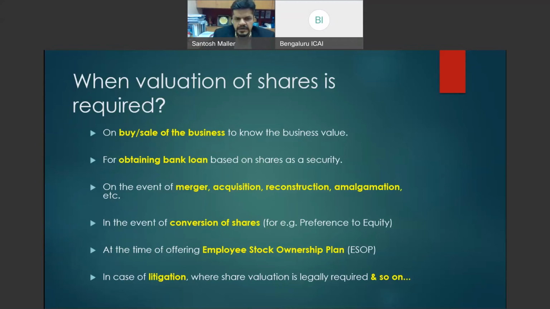Many a times, companies raise loans on the basis of security of their shares, right? So in that case, the valuation of shares is important, because banks go by the basis of LTVs, or loan to value ratio.